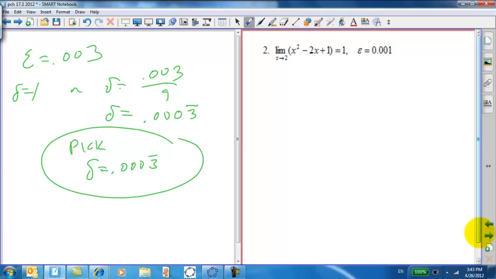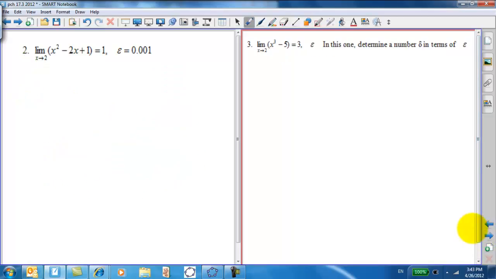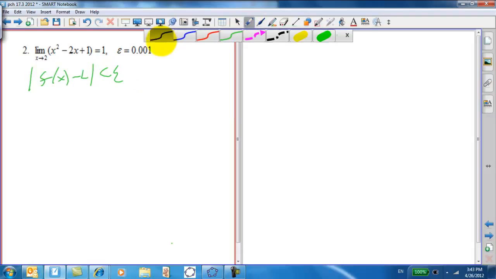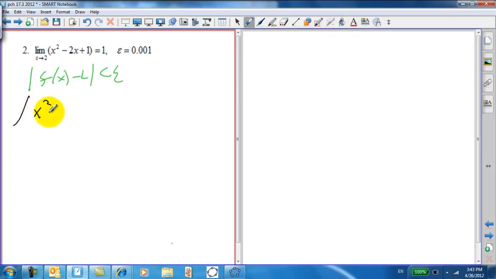Let's try it again on this next one here. Here we go. The limit as x goes to 2 of x squared minus 2x plus 1 equals 1. Yeah, if you put 2 in, you're going to get 1. But let's start with our absolute value of f(x) minus L is less than epsilon. Just switch to black here. So the absolute value of x squared minus 2x plus 1 minus the limit, which is 1, is less than epsilon.